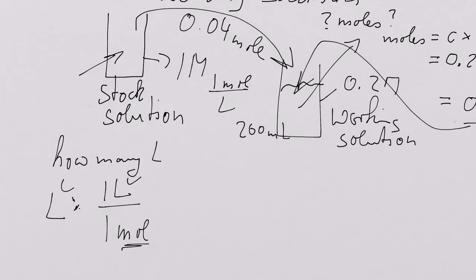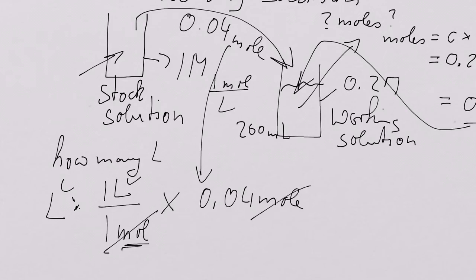Do we have mole anywhere else? Times, exactly, that's what we want here, 0.04 mole. And you see the moles cancel out, so we need 0.04 liters. 0.04 liters have exactly the right amount of moles that we want, that we need to put in here.